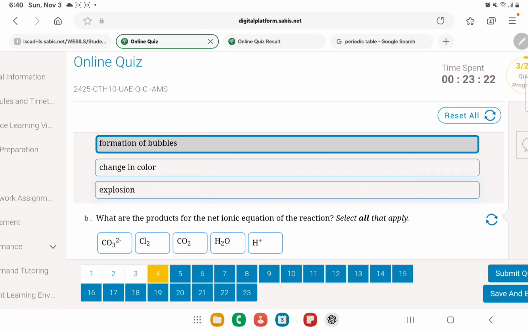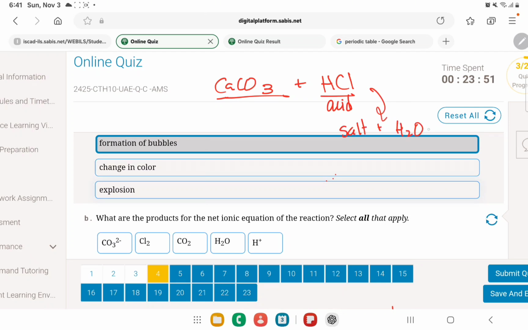And then what are the products of the net ionic equation of the reaction? So again, CaCO3 and HCl. So HCl acid and CaCO3 calcium carbonate. We know that whenever a metal carbonate and an acid react from the excess method, we're gonna get salt and water and carbon dioxide.